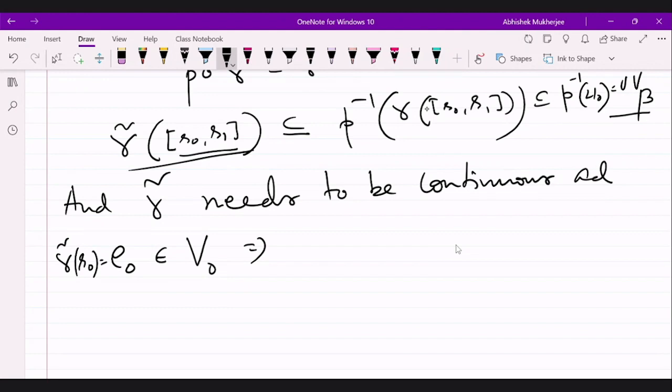Therefore, this gamma tilde of this particular subinterval will be embedded in V0 completely.